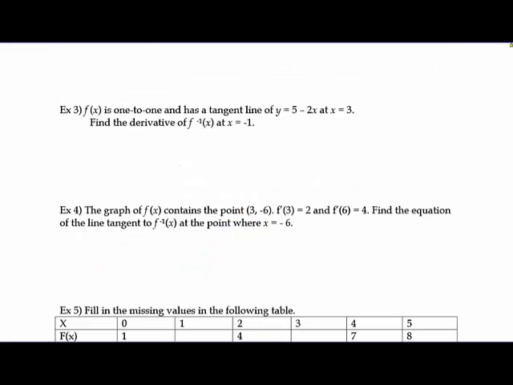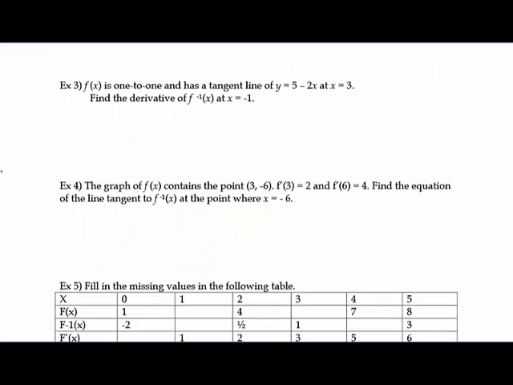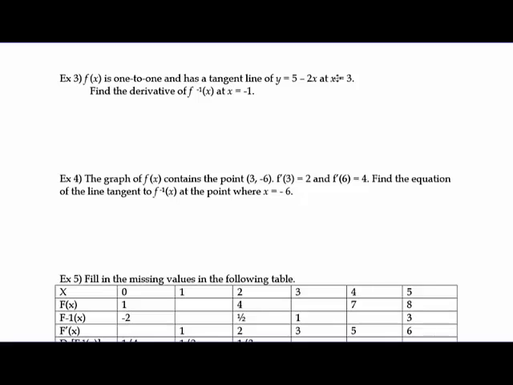Okay? Moving forward, if f is 1 to 1 and has a tangent line of this at x equals 3, find the derivative of the inverse at -1. If I want the derivative of the inverse at x equals -1, it is 1 over the derivative of the original at y equals -1.